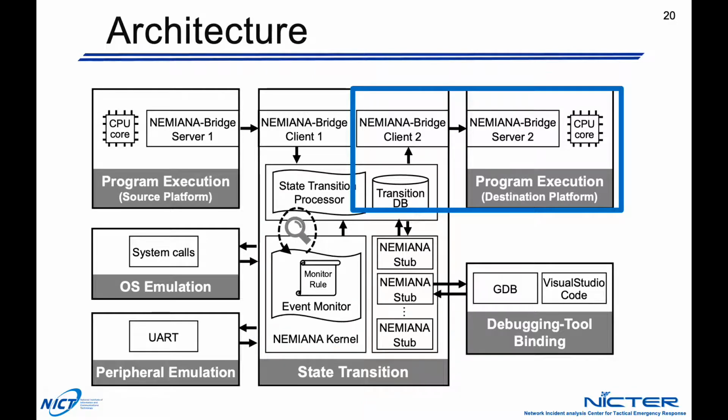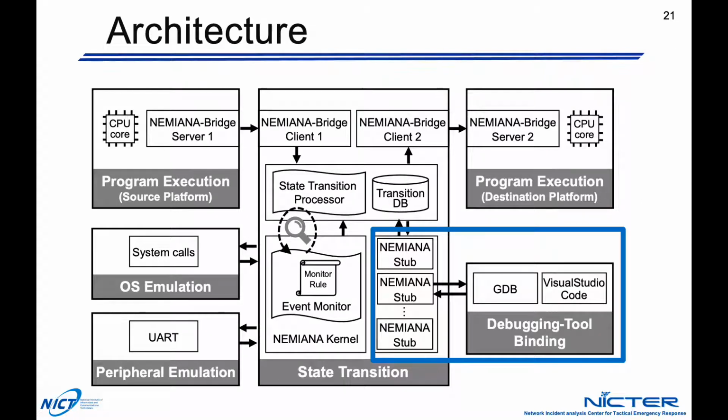When a developer requests that a state transition at step T be migrated to the destination platform, NEMIANA restores the execution state at the specified step T. NEMIANA Bridge Client 2 writes the execution state to the processor via Bridge Server 2 in a platform-specific manner.